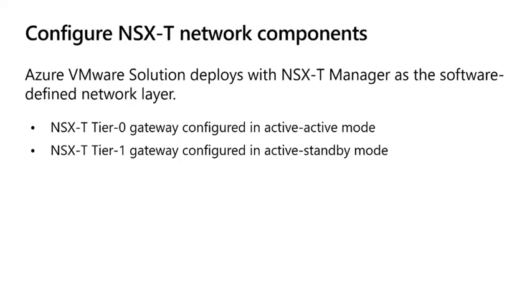So if you go to the marketplace and say, I want to deploy an AVS, and you click through all of the options and actually deploy your AVS solution, the Tier-0 gets deployed for you, because it's the gateway used by the underlying infrastructure, the part that Microsoft manages for you. The Tier-1 gateway is the one that you have control over, is really what it boils down to.